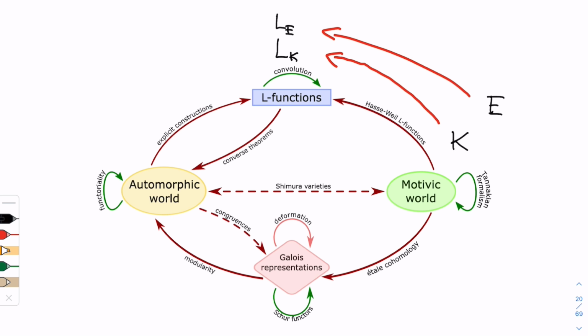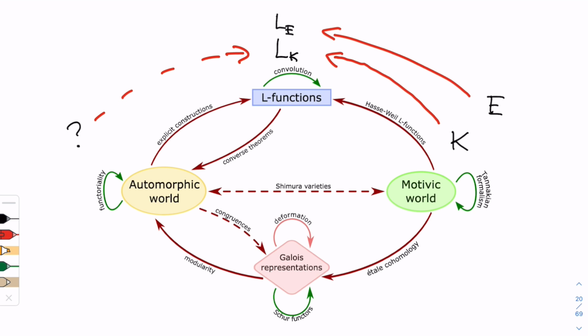Now, the conjecture known as Langlands reciprocity says that whenever you have a motivic L function, so an L function coming from the right-hand side, you can find an automorphic object from the left-hand side that gives you the same L function.